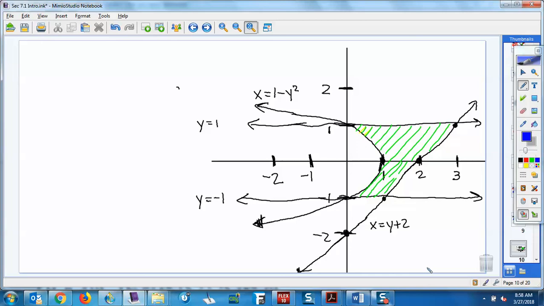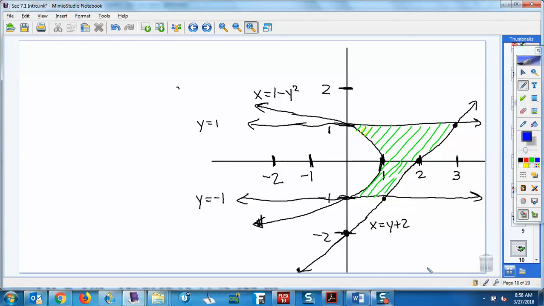This problem would say, find the area of the region bounded below by y equals -1, bounded above by y equals 1, bounded on the left by x equals 1 minus y squared, which is a sideways parabola.